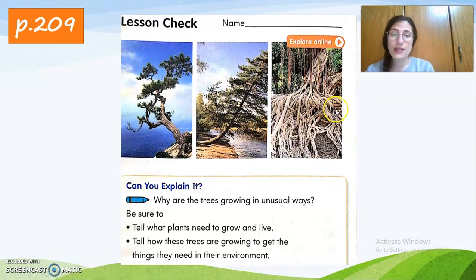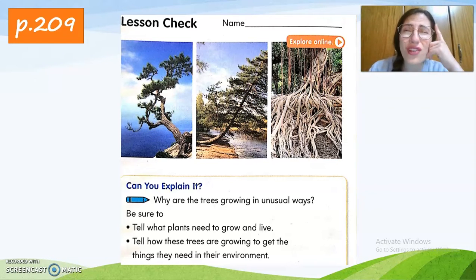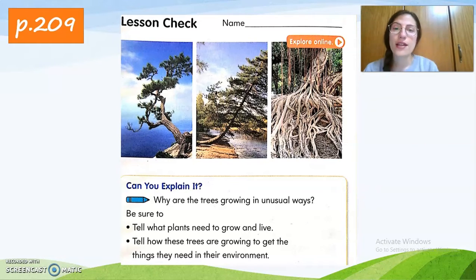So if you take a minute to observe these three pictures carefully, we check that these trees are growing in unusual ways. Now, why are these trees growing in unusual ways? Take a minute to think. Correct. To get what they need to live and grow, right? So, what's happening is in the first picture, this tree is going towards the sea to get the sunlight that it needs to live and grow.